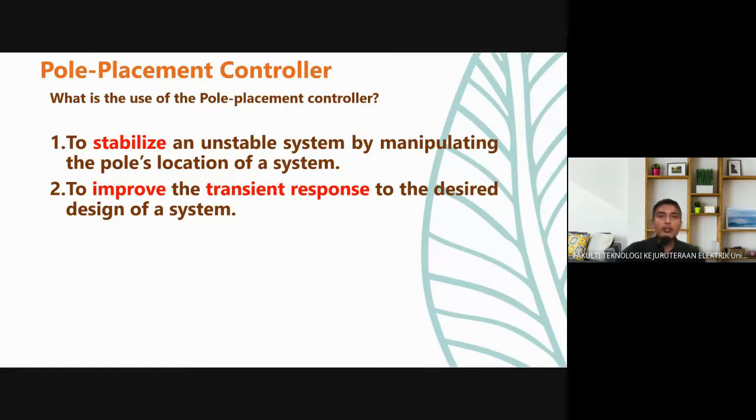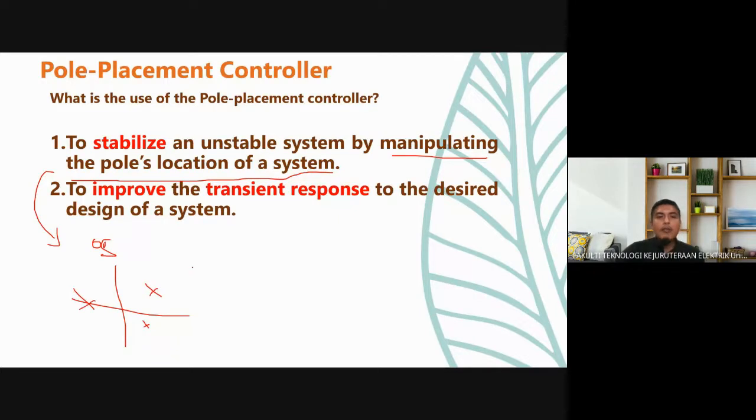There are some conditions when you want to apply the pole placement controller. If you want to stabilize a linear system, you can apply pole placement because it manipulates the pole location of a system. So this is the original system. Let's say this is the pole location.